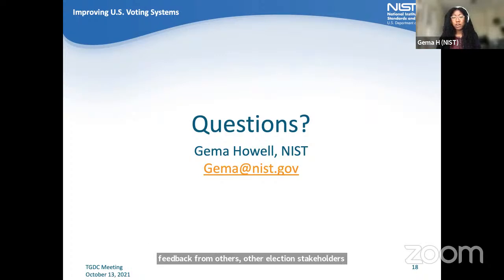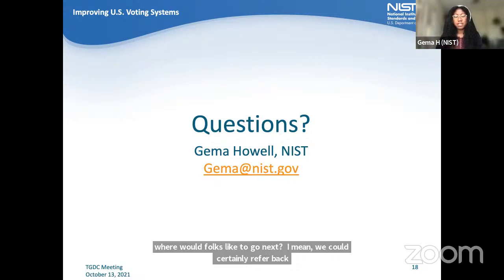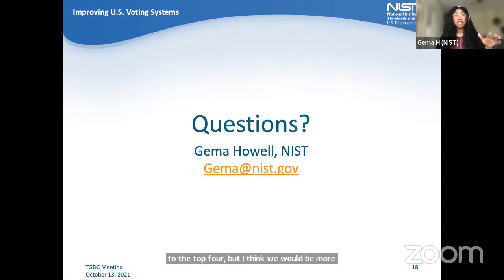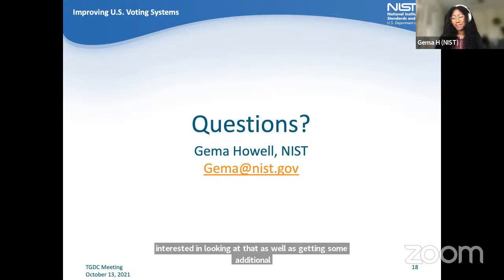Our hope was to get these out there, see what the feedback was, and then maybe get some guidance on are these profiles valuable? Would another one be useful? And if so, where would folks like to go next? We could certainly refer back to the top 4, but I think we'd be more interested in looking at that, as well as getting some additional feedback from the election community.